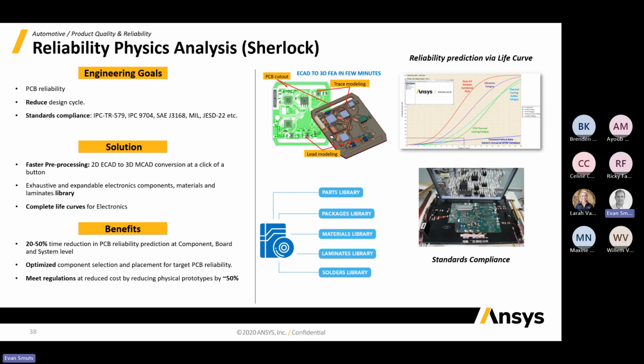Okay, and just like we saw before, Sherlock can import most ECAD formats, so we can then work with that exact board layout as it's been designed, and so we get a very accurate picture of what's going on in the board. So Sherlock can account for the fact that there's maybe more copper in one area of the board than the other, and how does that affect the thermal behavior or the shock behavior or something like that.